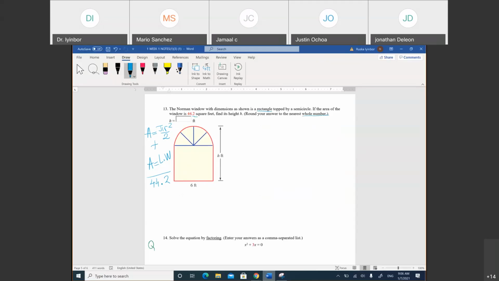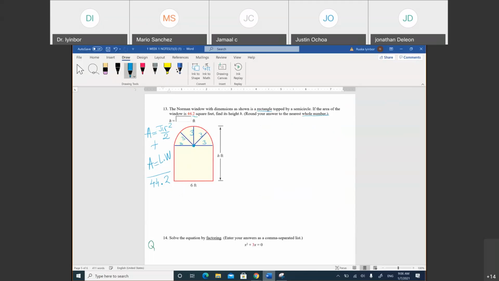Now let's see what is given. We have this is 6, so the diameter of the semicircle is also 6, right? So what is the radius of the circle? Can you tell me? 3. That's right. So this is 3, this is 3, everything is 3 here.